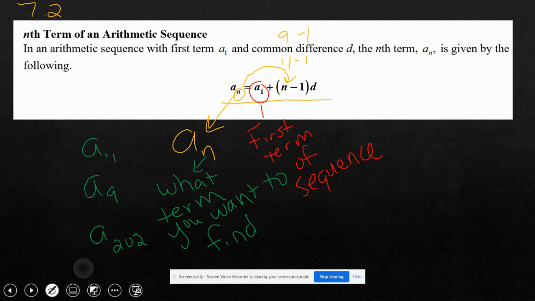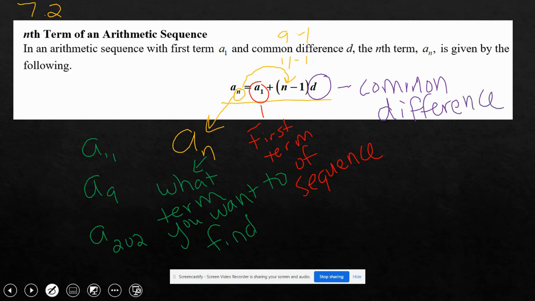And then the d is the common difference. And that's what we talked about in the last notes, where the common difference is that value that you are adding or subtracting every single time to get from one number to the next in your sequence or your list of numbers.